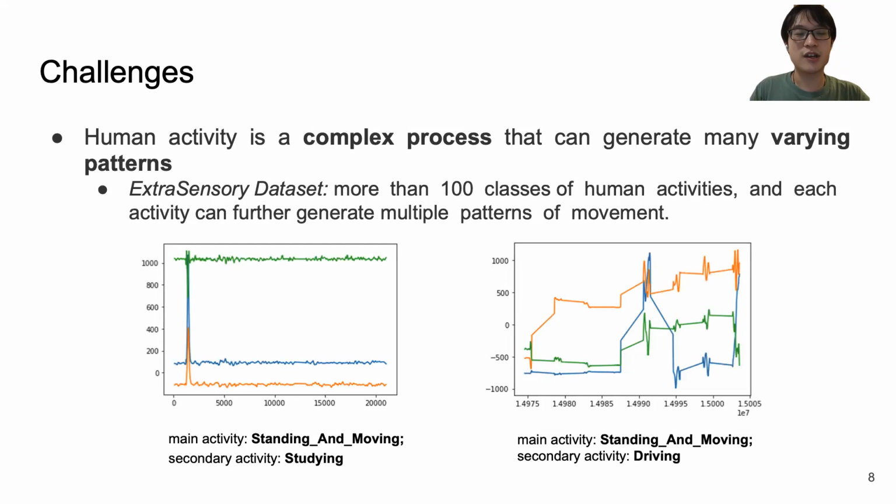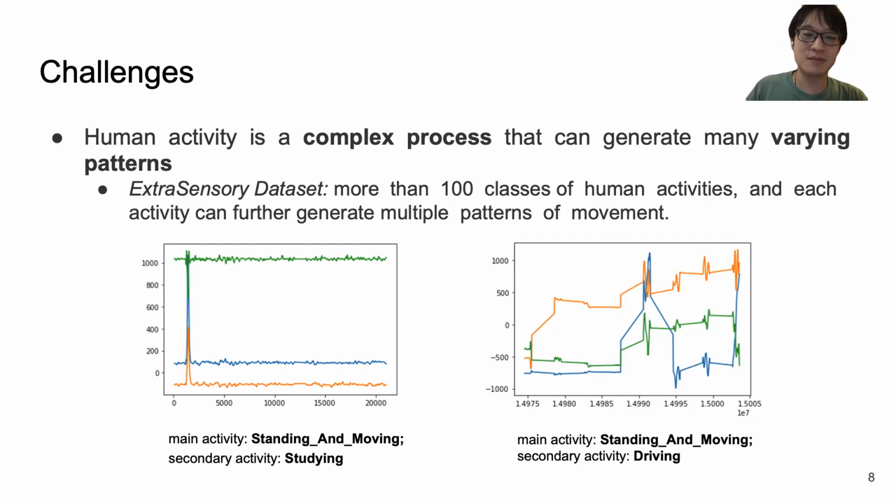And the second challenge is that human activity is a highly complex process that can generate many varying patterns. We extract two segments from the ExtraSensory dataset. The first figure shows the subject is standing and moving while studying, and the second figure shows that the subject is standing and moving while driving.